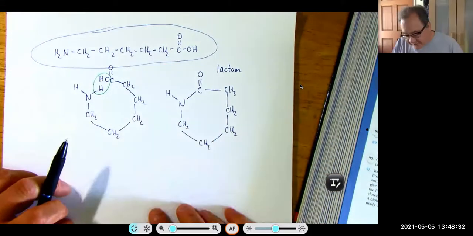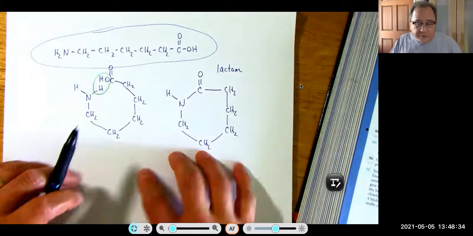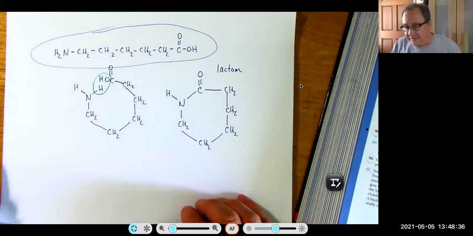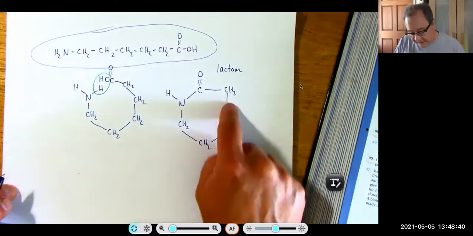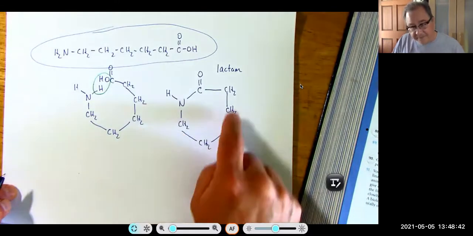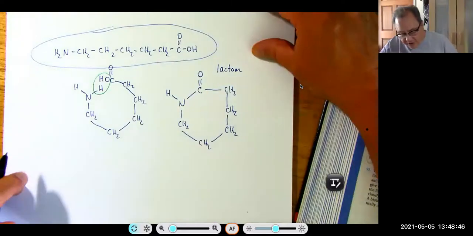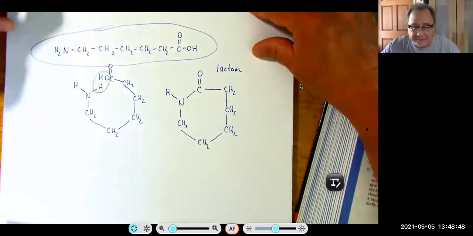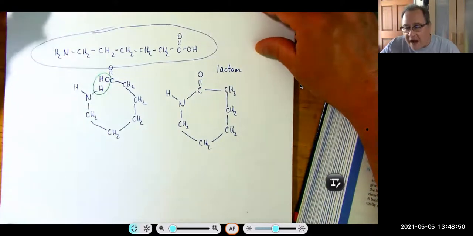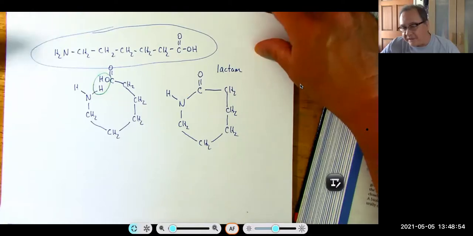The reason this doesn't happen too much is because the ring is too big. A 7-membered ring is not very good. See 7 atoms in the ring? Not very good. But you probably aren't going to do this with 6 atoms or 5 or 4, because they make pretty stable rings.